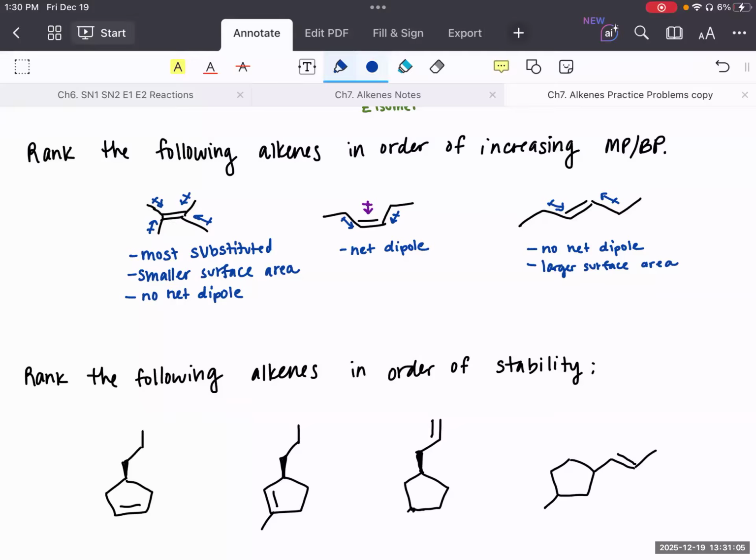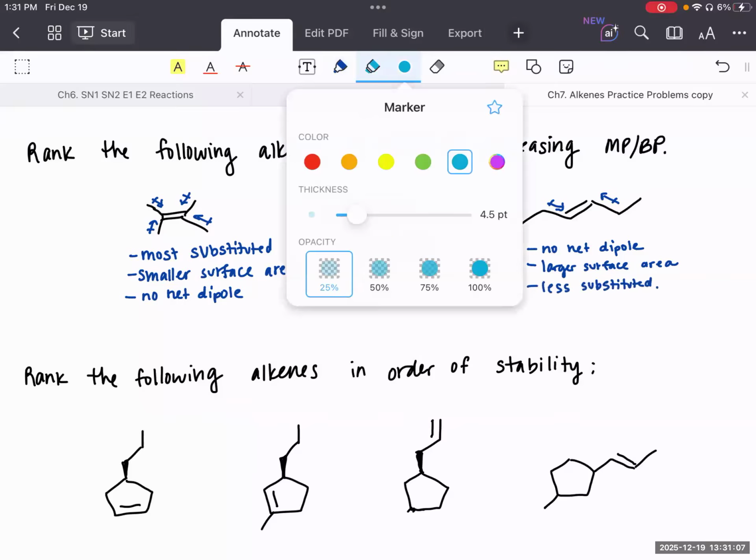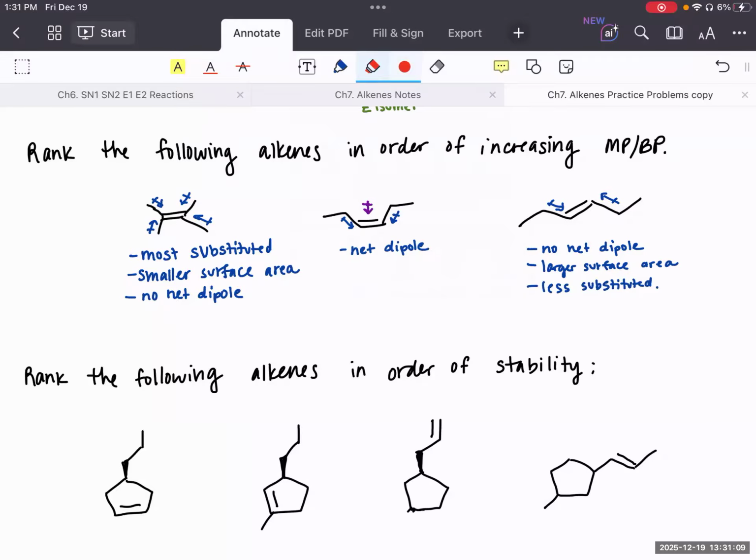And so in ranking these from lowest to highest, we know that the one with the net dipole is going to be the highest because that contributes to intermolecular forces that the compound would have. And so this would be the highest boiling point and melting point.